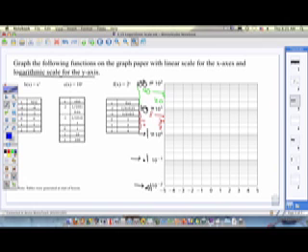Similarly here, we're going from a tenth to 1, so this would be 2 tenths, 3 tenths, 4 tenths, and so on. And then here, a hundredth to a tenth, so we have 2 hundredths, 3 hundredths, 4 hundredths, and so on. So we still have a graph, it's just a different way of numbering it.